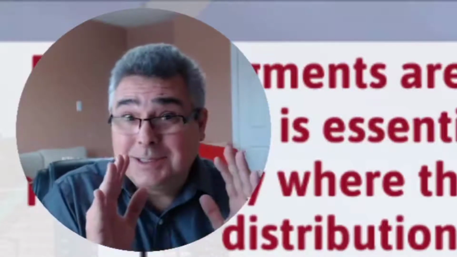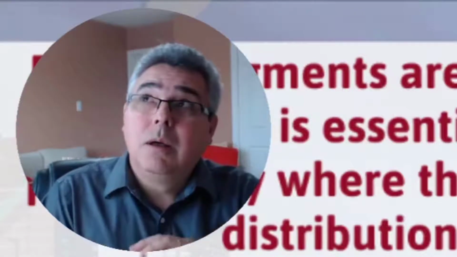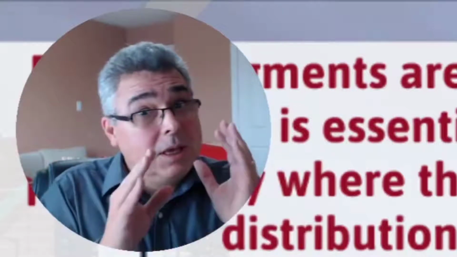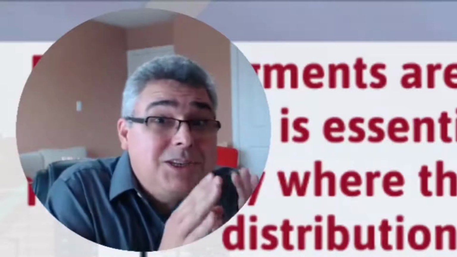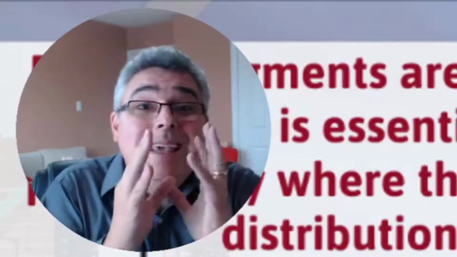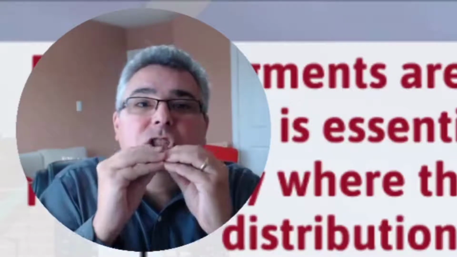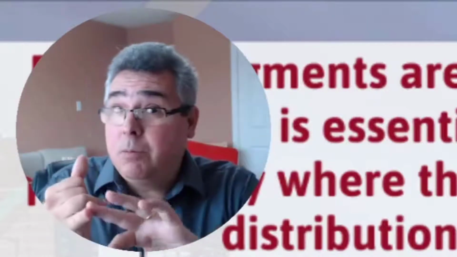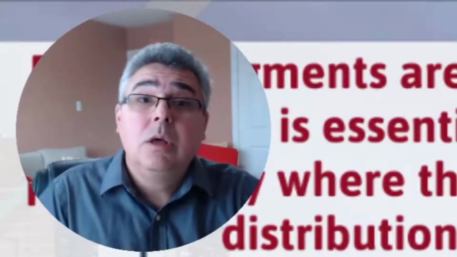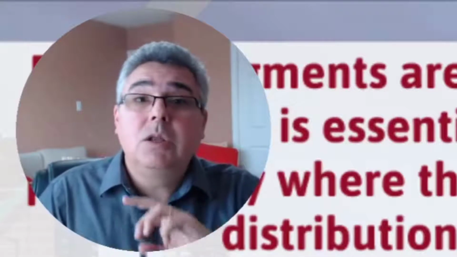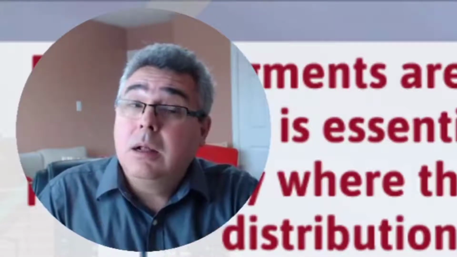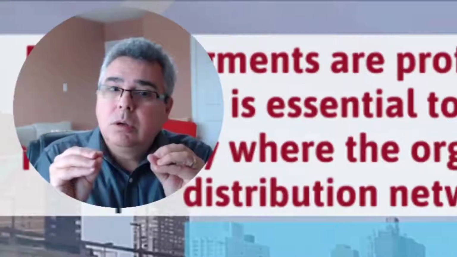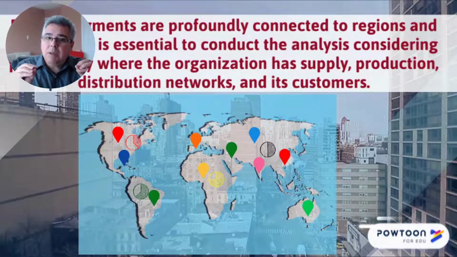There is no such thing that you can just put, oh, bad economy. That doesn't work, because each country, each region inside a country, each city has a different economic environment. And I can say the same for political, social, technological, environmental, and legal. So those are things that you have to consider. And that picture on the screen describes that.